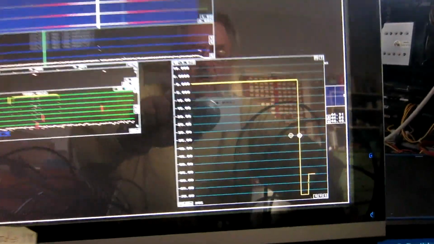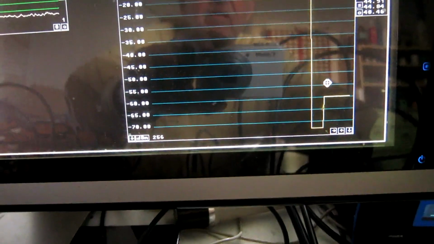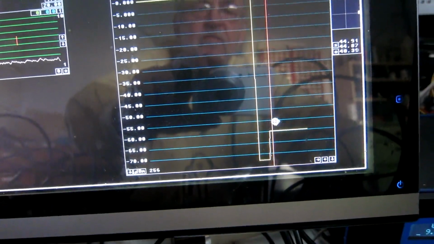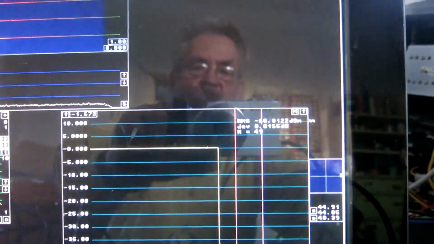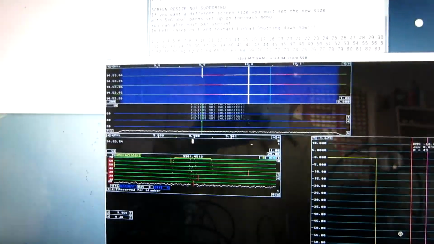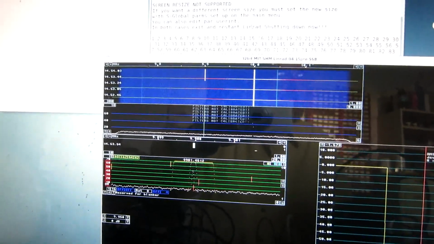And when I click on it, I find it comes at minus 60 dBm. It means it is 60.01. So this signal is 60 decibels weaker than the carrier at 10 megahertz.